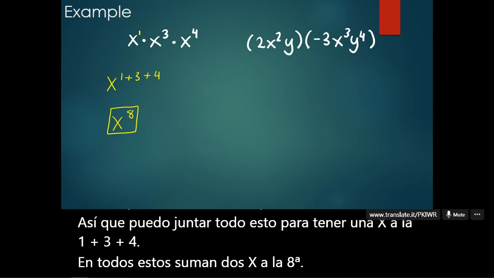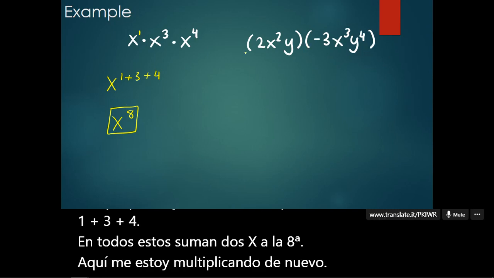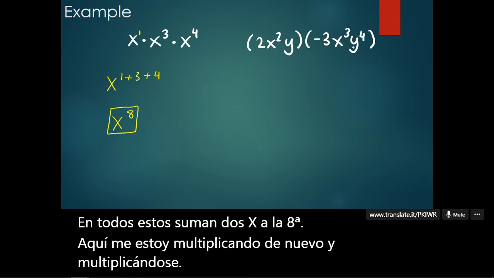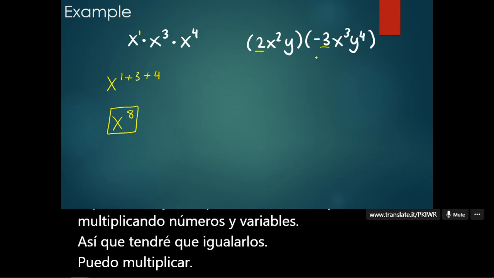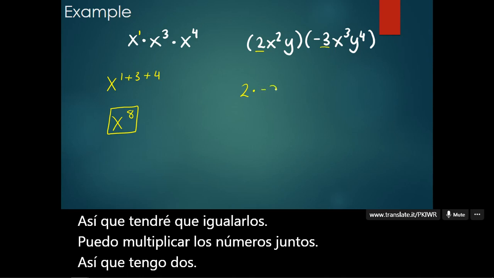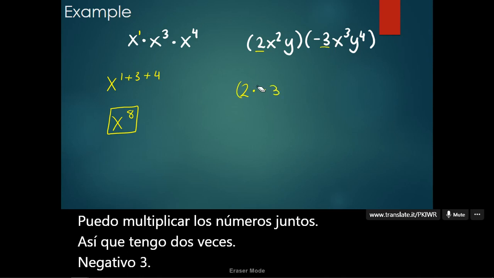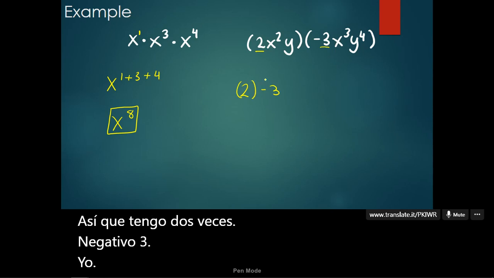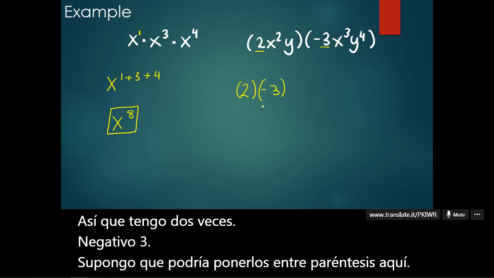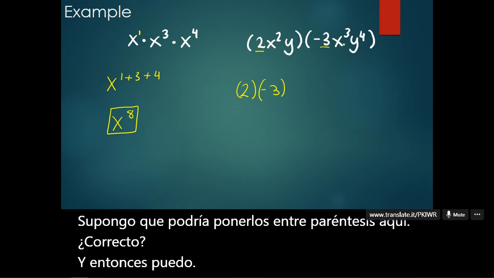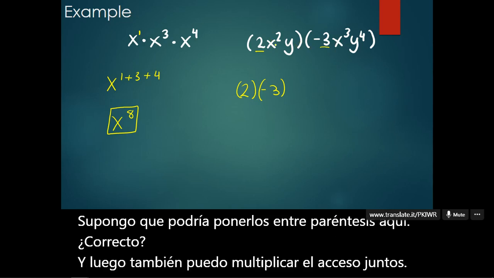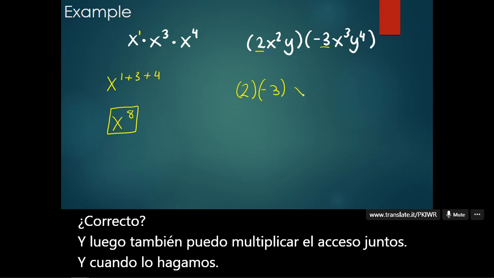Here I'm multiplying again. I'm multiplying numbers and variables. So I'll have to match them up. I can multiply the numbers together. So I have 2 times negative 3. I guess I could put them in parentheses here. Right? And then I can also multiply the x's together. And when we do multiply the x's together, we end up adding them.